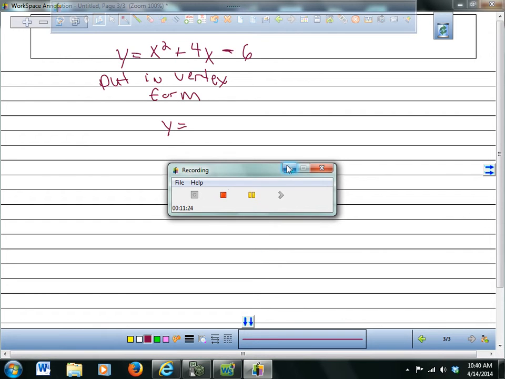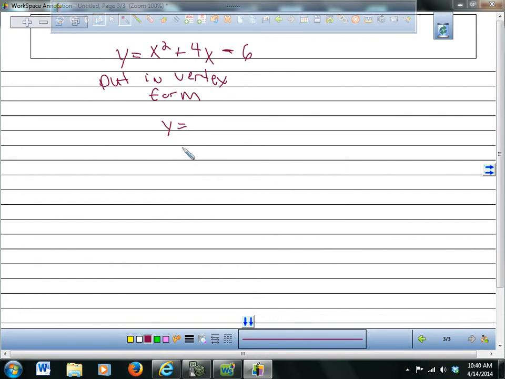Okay, so who's going to tell me how to do this? What's half of 4x? 2. Okay, so I'm just going to go x plus 2 quantity squared. Then what do I subtract? I just take away this squared, which is 4. Okay, but there's still a minus 6 over here.